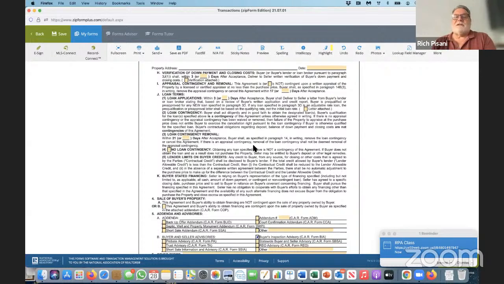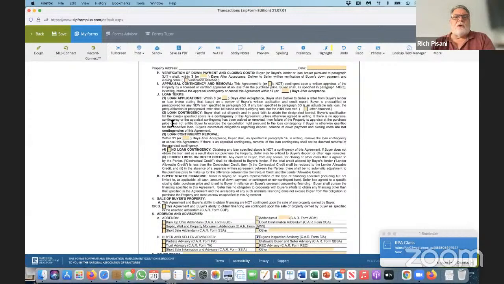If there is an appraisal contingency, removal of loan contingency shall not be deemed removal of the appraisal contingency. But also, no, it's in J2.